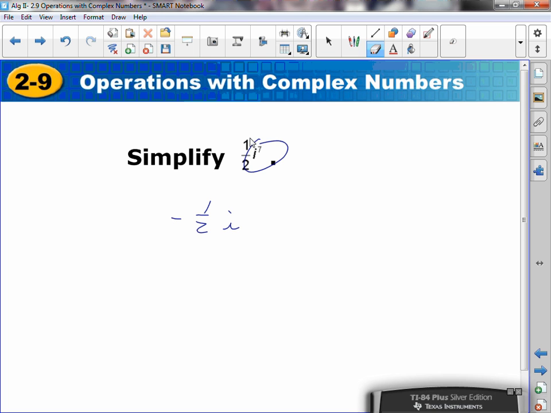If I make this i to the 70th, I have 1/2 i to the 70th. Divide by 2, I get 35. 35 is odd, so it would just be -1/2.